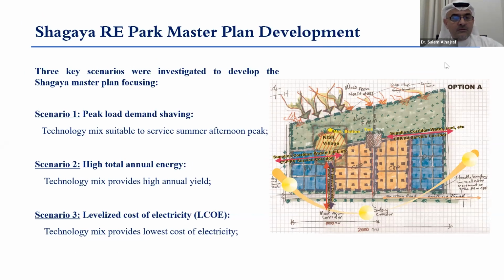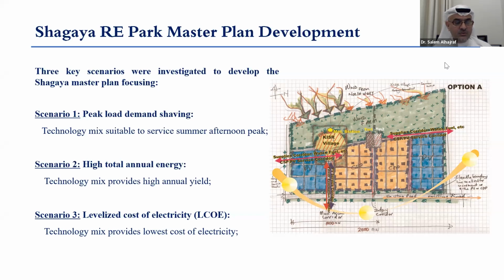We built our master plan based on 3 key scenarios. The first scenario is to maximize the peak load demand or power shaving during peak from the park, which was at that time 88 square kilometers in size. The second scenario, we developed the master plan so that we can have the highest total annual energy from the park.